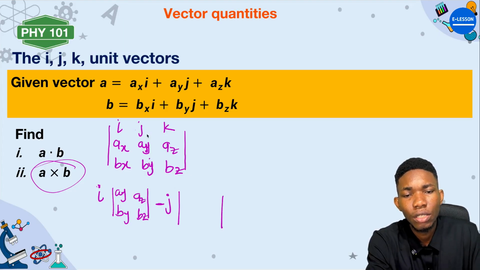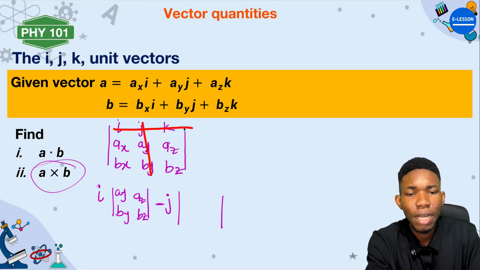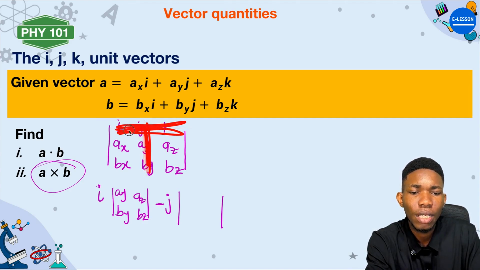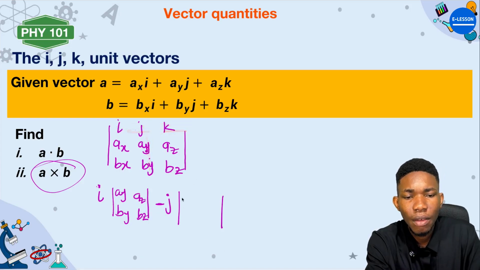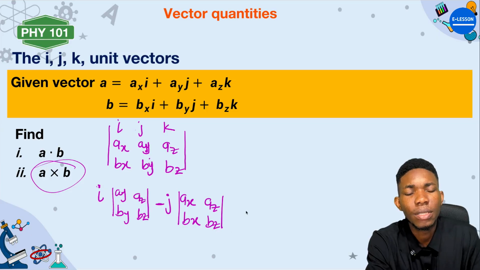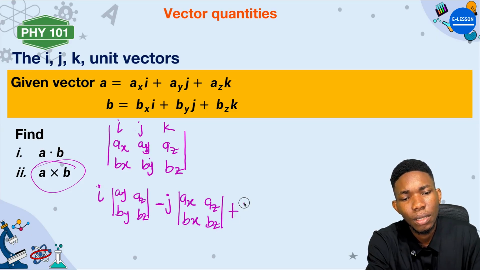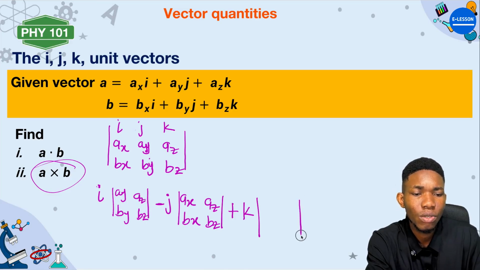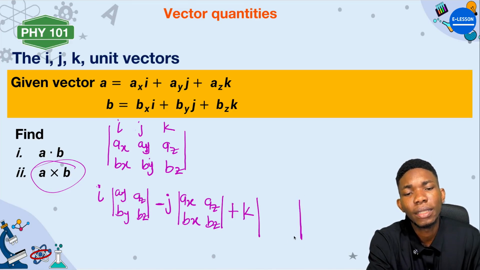Now, for J, the same thing you did for I, where you cancel I, cancel J, cancel the one on top. Write the other two things you have. So if I cancel these two and this one, what are we left with? AX, BX, AZ, BZ, plus K. For K the sign is positive, so we put plus K. Rule another two lines.